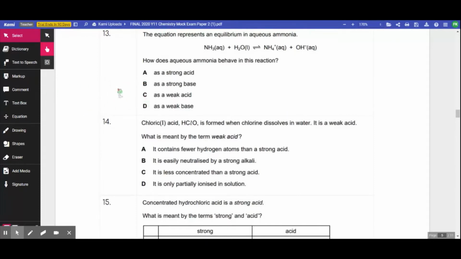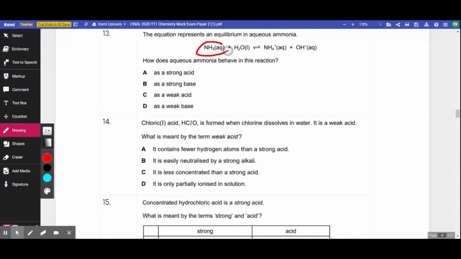So how does aqueous ammonia behave in this reaction? You've got aqueous ammonia over here on the left-hand side as one of the reactants. You notice that you start off with 3 H's on the ammonia, and now it becomes something slightly new.